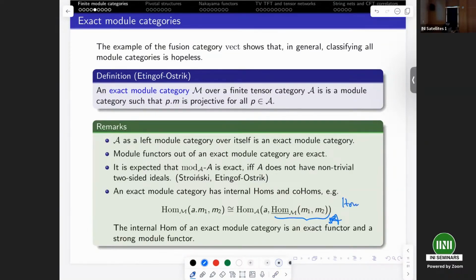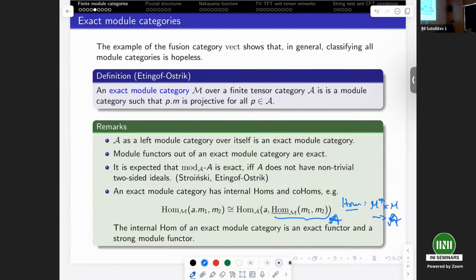So the internal Hom for a module category takes M and gives us an object in the monoidal category A. And for an exact module category, this is an exact functor.